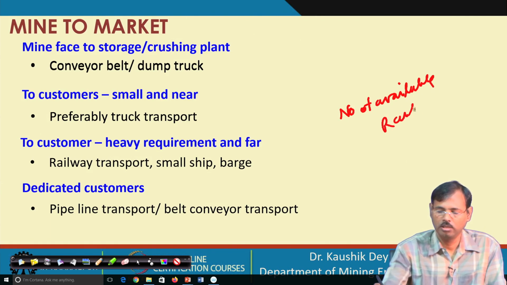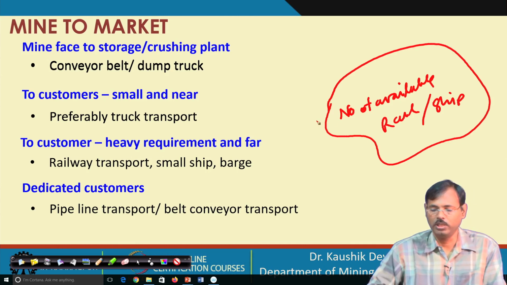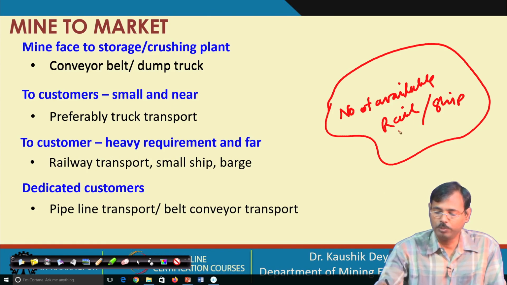rail or ship, because these are not sufficiently available, or the sufficient routes are not available.